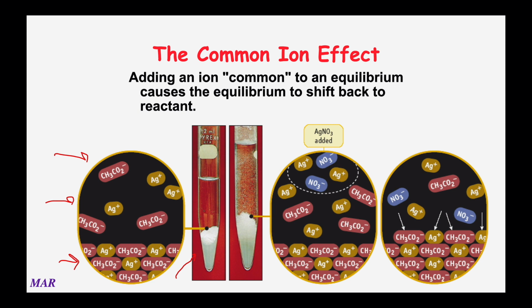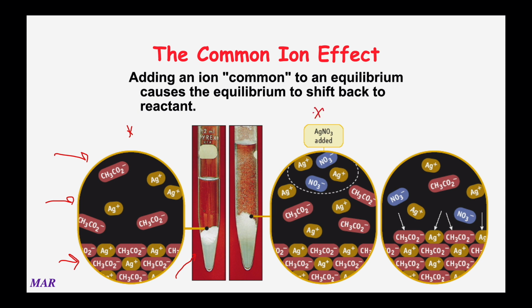Well, let's say that we decide to add extra silver nitrate. Now, silver nitrate is not really part of the silver acetate equilibrium per se. But the silver in silver nitrate is a common ion to the silver acetate equilibrium. So as you add more silver, you can notice how on the first picture on the left, you had 1, 2, 3 acetates in solution running around.